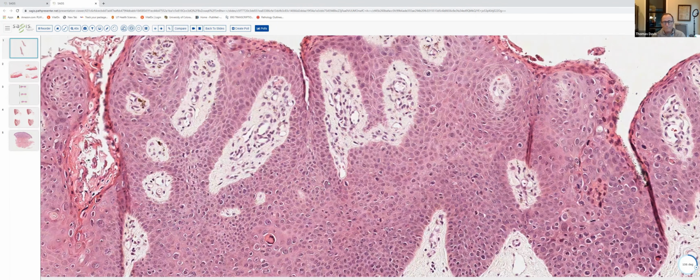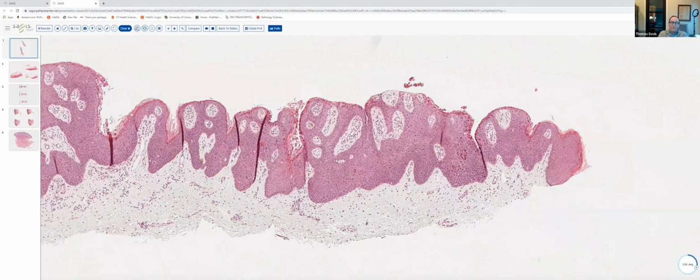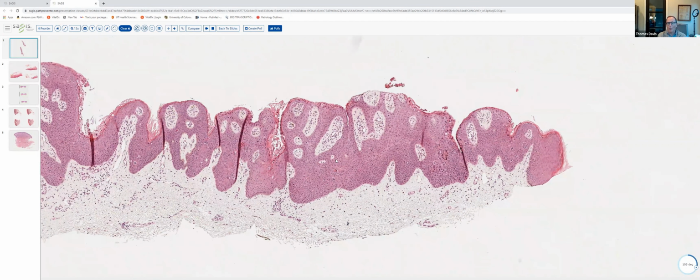And so the presence of full thickness epidermal atypia we associate with Bowen's disease or squamous cell carcinoma in situ. And so distinguishing Bowen's disease or squamous cell carcinoma in situ from Bowenoid papulosis at times can be difficult, if not impossible, and may require clinical pathologic correlation.